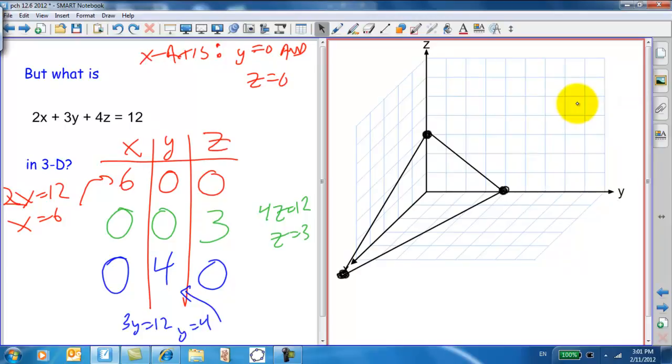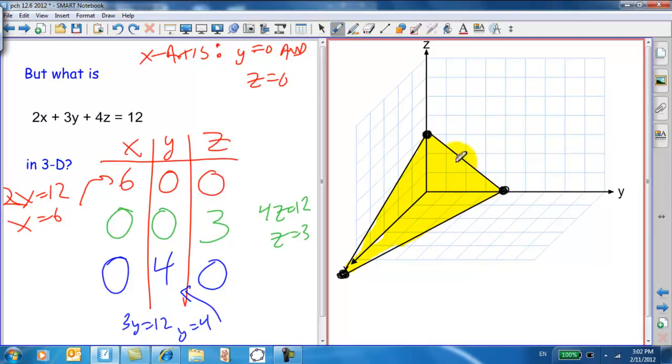Now, that's only showing what's going on in the first octant, and we can shade it in with some of our yellow paint. There we go. And that's just a picture of a triangle that's in that plane.